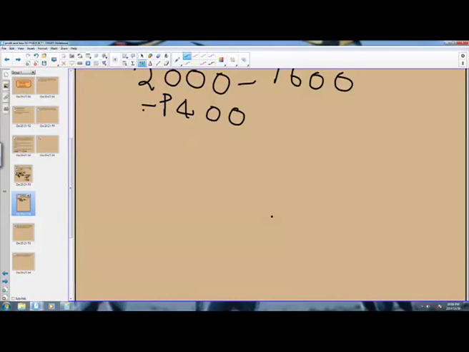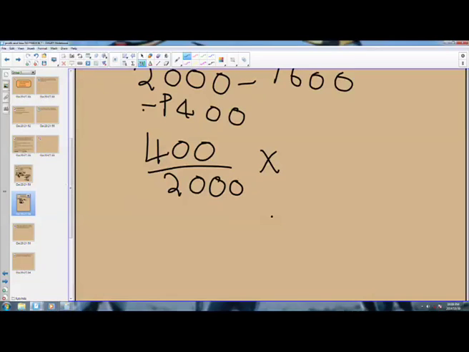So the percentage loss will be 400 divided by the original price, which is 2,000, times 100%. And then this will cancel this 0. This one will cancel this. And then this one, this. So what do we have?